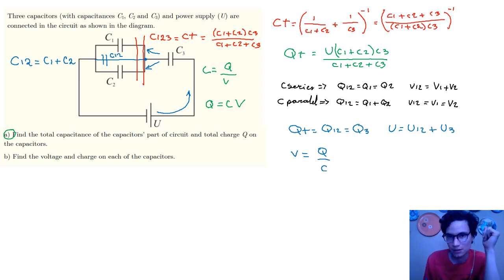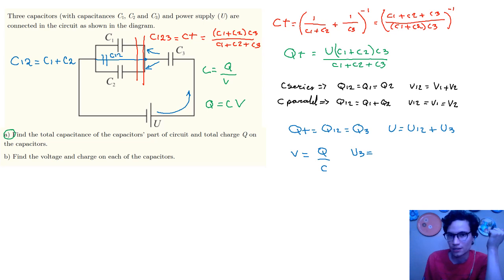That means that we can find the value of the voltage 3. The voltage 3 will be equal to the charge in capacitor 3, which is equal to the total charge, over the capacitance of capacitor 3.